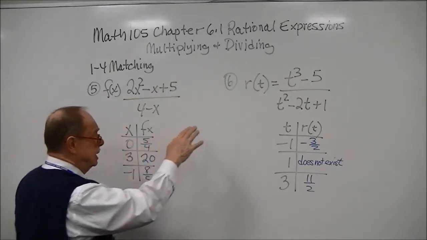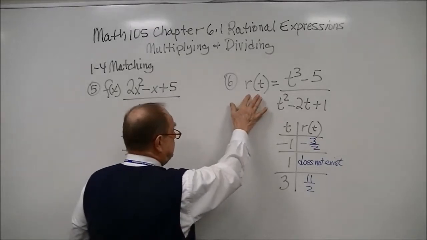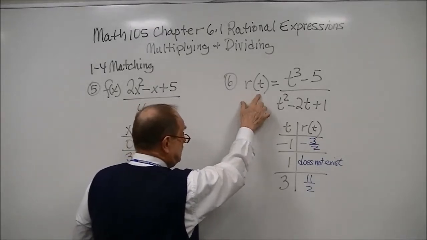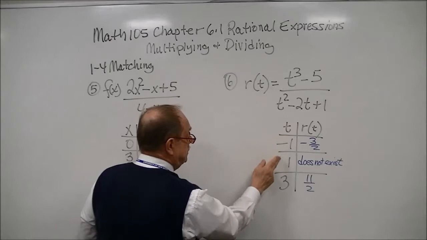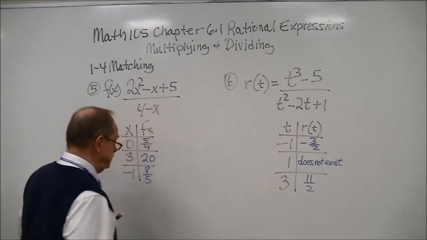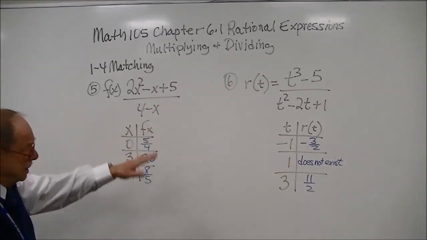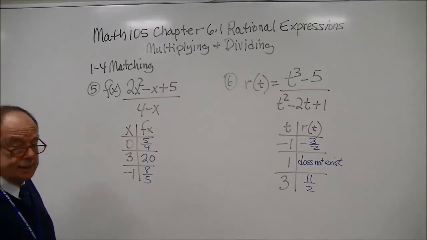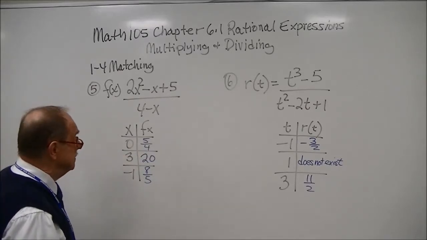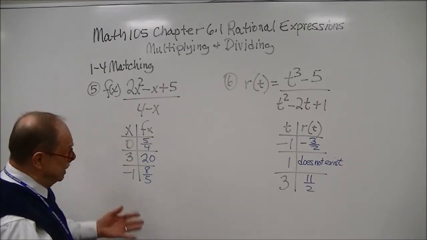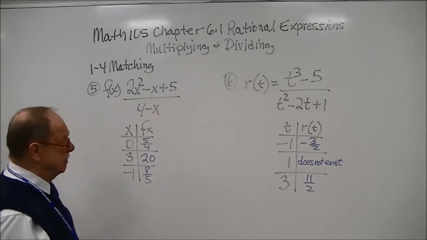And then later, when they change the function notation to r of t, they're giving you values for t. Now, I've put the answers in, as the answers are in the back of the booklet. But again, you want a strategy to do that.